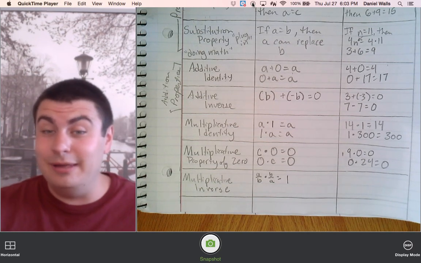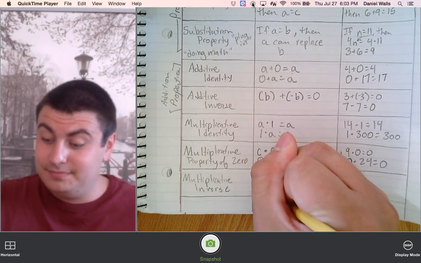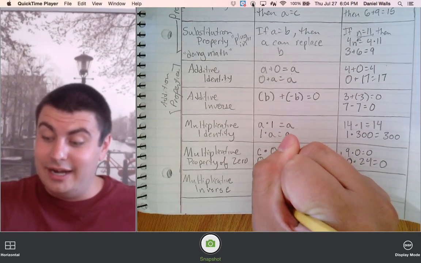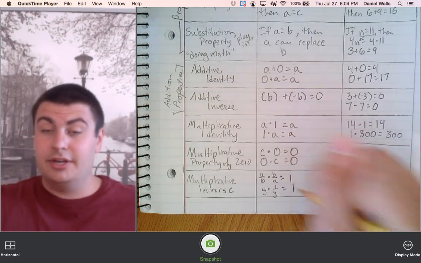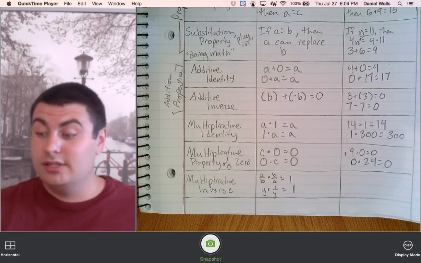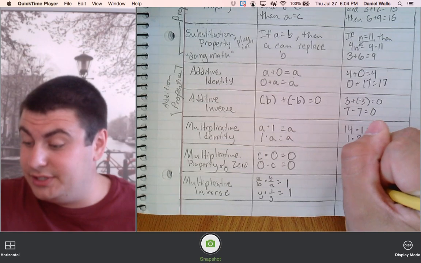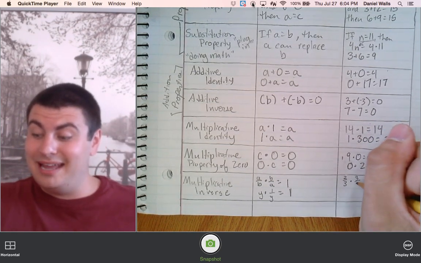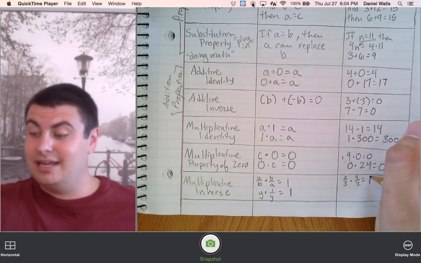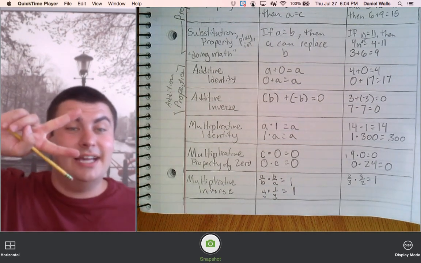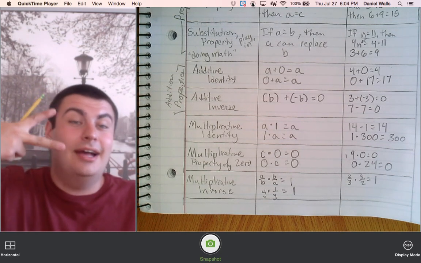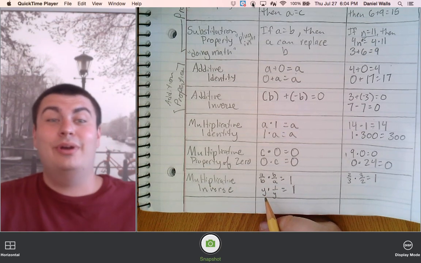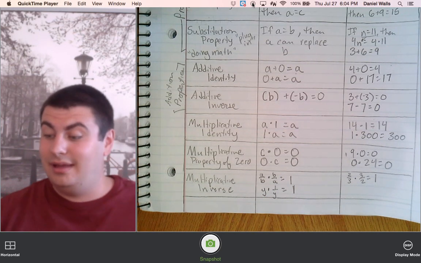You could also maybe see this as if you have a number and you multiply it by 1 over that number, you're going to be left with 1. So let's say, if there's 2/3, we can multiply that by 3/2 and we get 1. We take that fraction and we flip it upside down and we're left with 1. Or if we have a whole number, let's say we have y. Let's say we have 4.